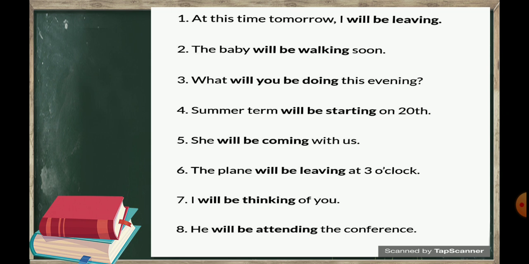Okay, in WH form, what will he be attending? Or when will he be attending the conference? Or who will be attending the conference? You can construct sentences like that. I hope you're clear with this exercise.